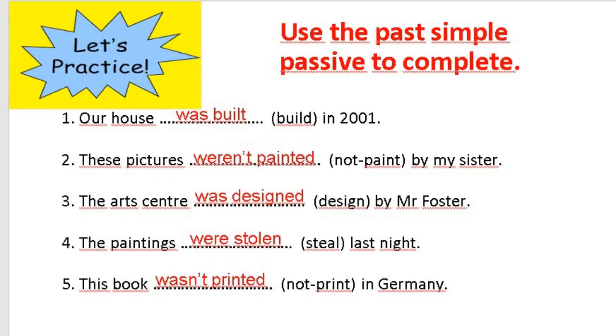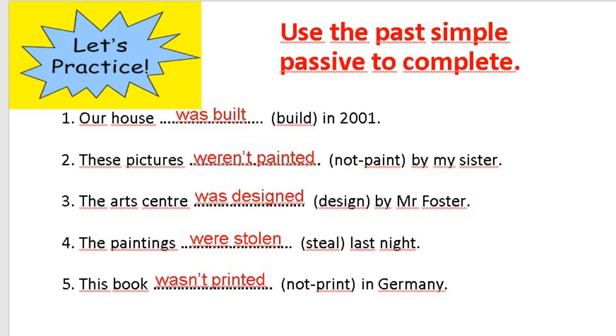Okay, use the past simple passive to complete. Let's look at the first one. Our house, blank, built in 2001. Built. Our house was built in 2001. Second one. These pictures, not, paid by my sister.